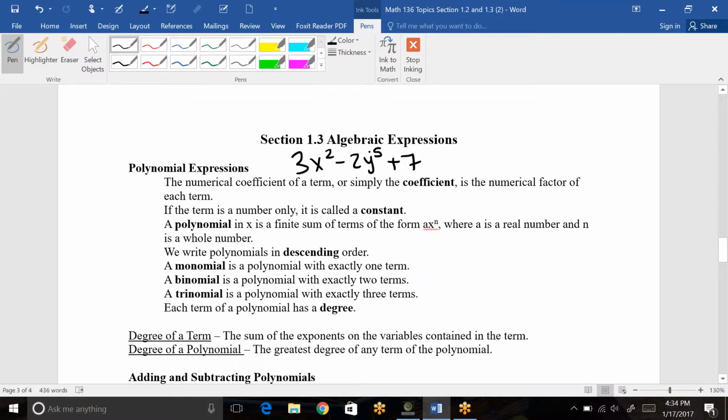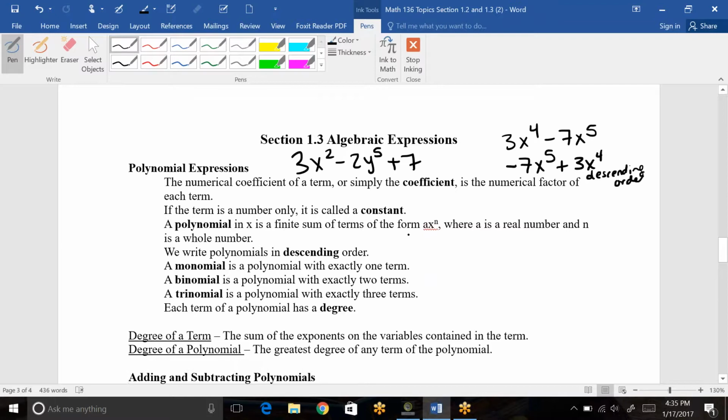Now, you could argue that this is in descending order if you worry about the alphabet, because we would exhaust all the x's before we do the y's. But if we had something like 3x to the 4th minus 7x to the 5th, this is definitely the same variable, so the x part with the 5th, because that's a higher power, would need to come first. So this would be descending order, the second one here.